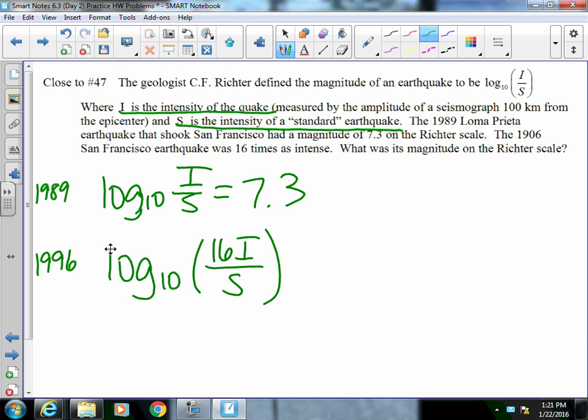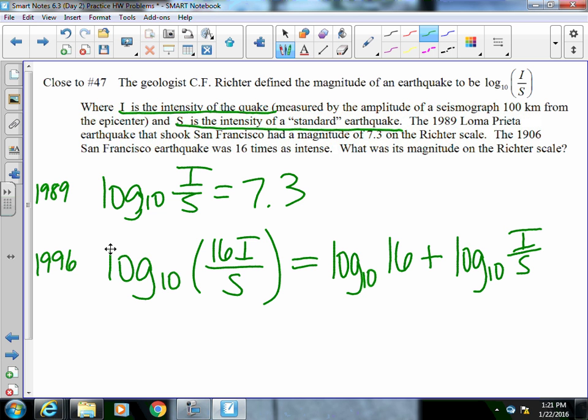Now, be careful as you work this out because I can tell there are two unknowns. It's going to be hard to get a number when we have two variables that we don't know. But I'm going to break this up. Be strategic when you think about this. I'm going to break this up into log base 10 of 16 plus, because it's multiplication, log base 10 of I over S. Now, I know from up here where we talked about the 1989 earthquake that this is equal to 7.3.